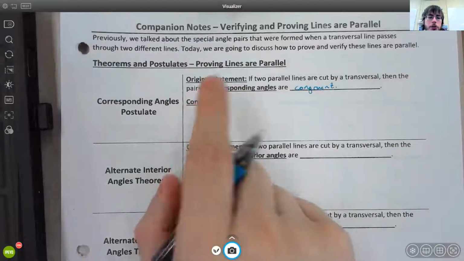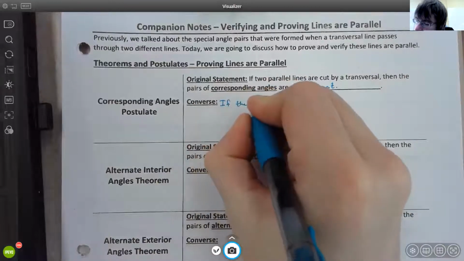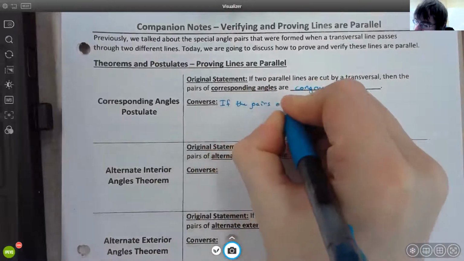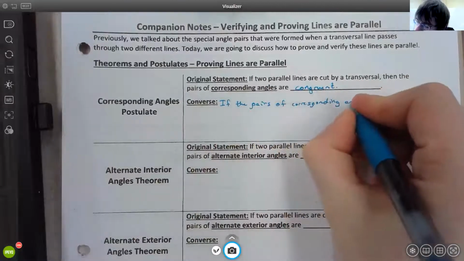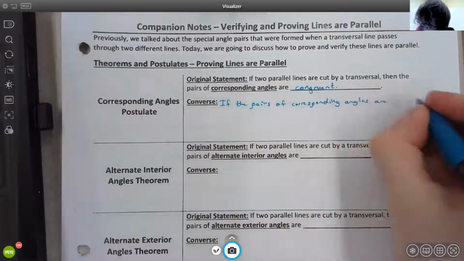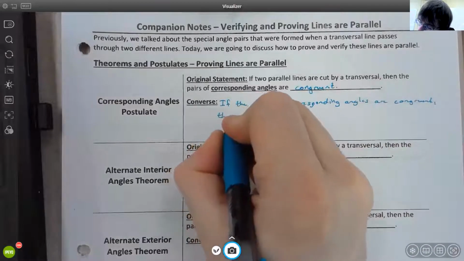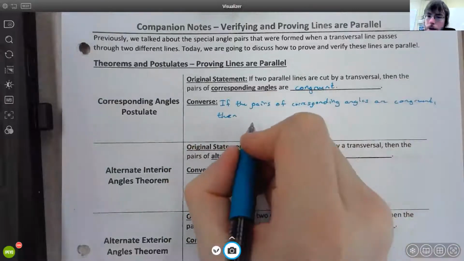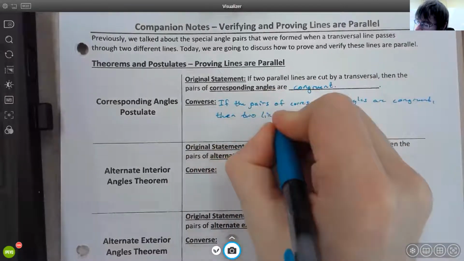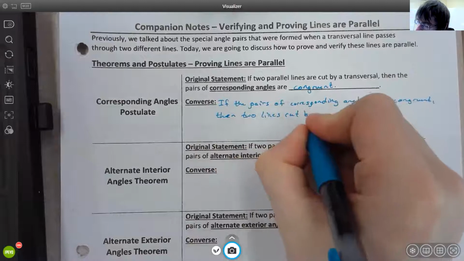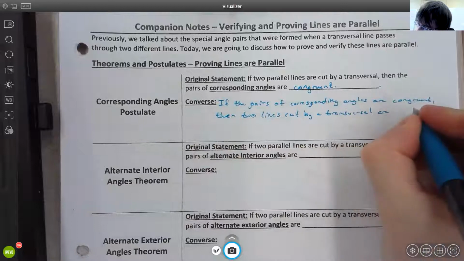So our converse would basically be: if the pairs of corresponding angles are congruent, then two lines cut by a transversal are parallel.